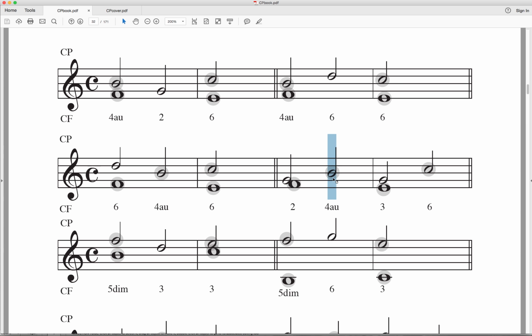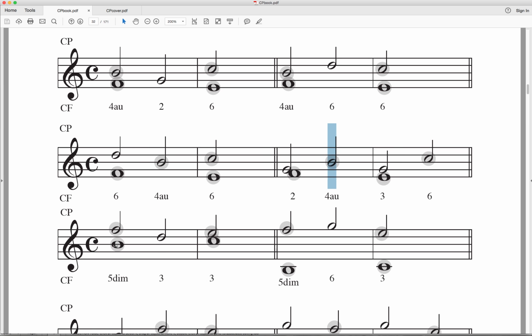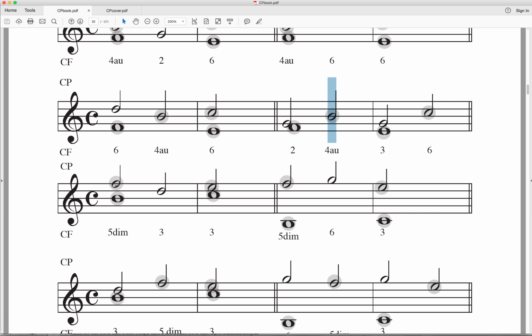And then you may resolve on the first beat of the next measure or the second beat of the next measure. Like on this other sample, we have a diminished fifth, and the other note was a D, which is part of the 5/7 chord.